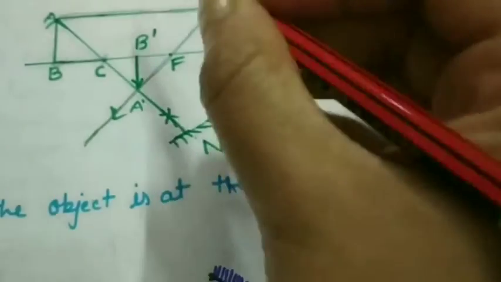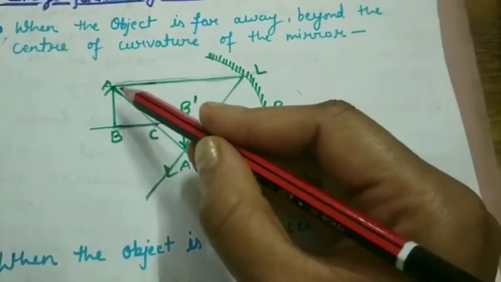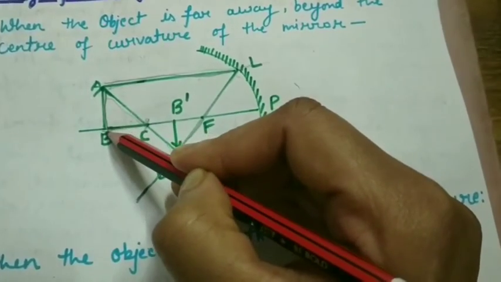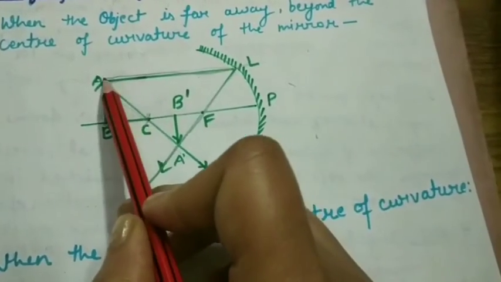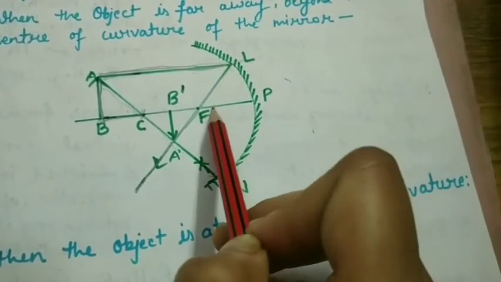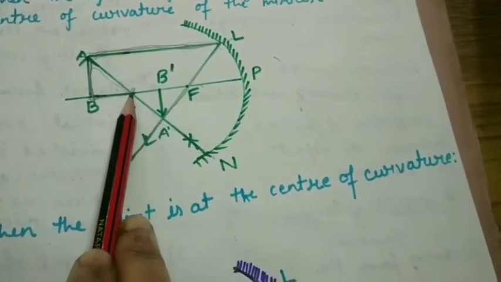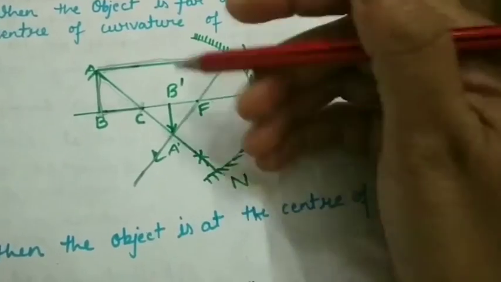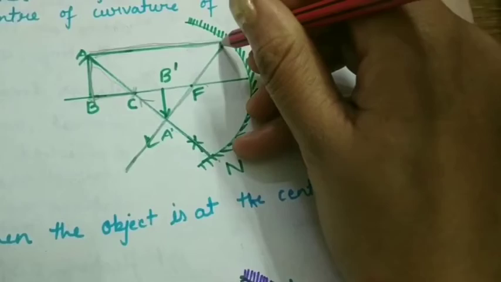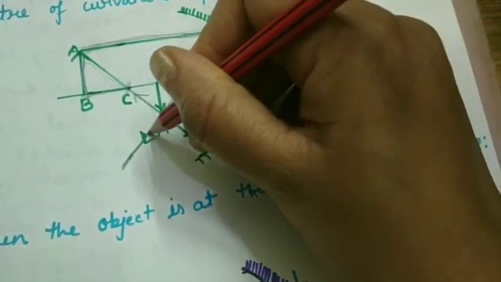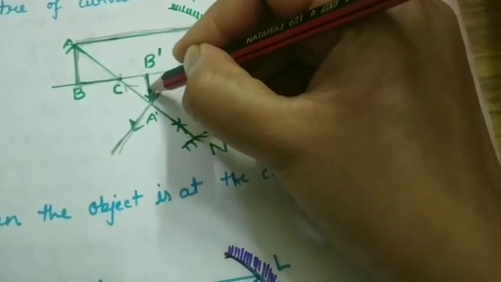So you can easily see, if this is the object AB, I hope this image is clear, and there are two rays coming from it, AL which is parallel to the principal axis and AN which goes through the center of curvature. One reflected from here, and the other came here and reflected through the focus. These two reflected rays intersect at one point.